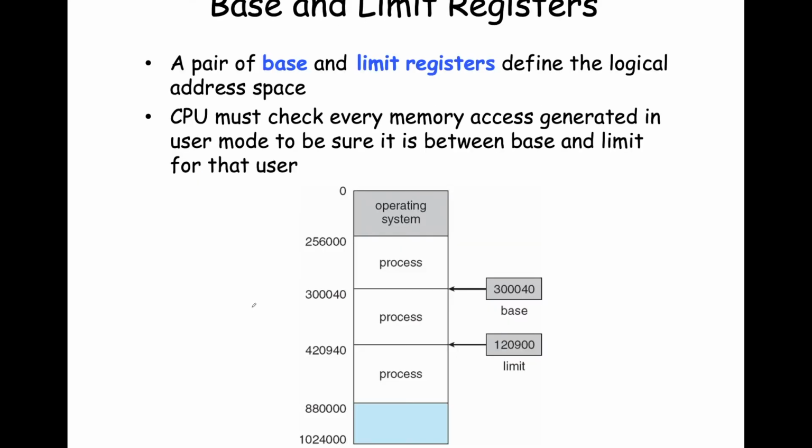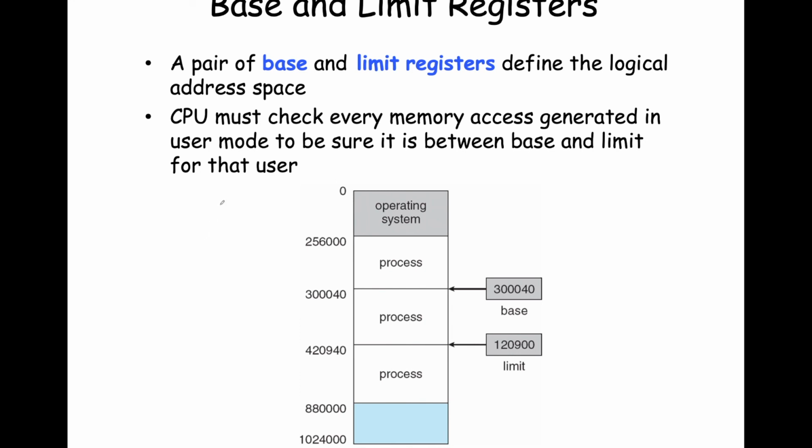And so one method for doing this is with so-called base and limit registers, and these define the beginning and the amount of memory from that beginning address or location that define where your program sits.